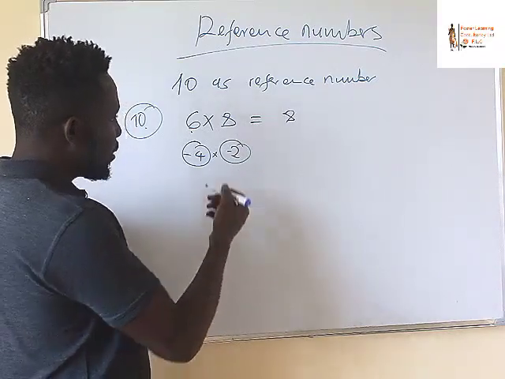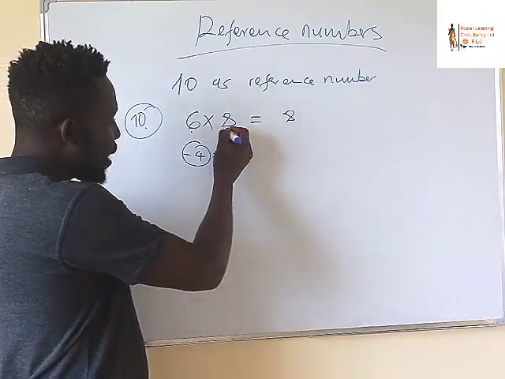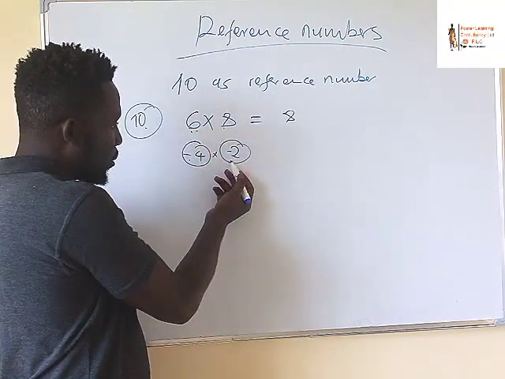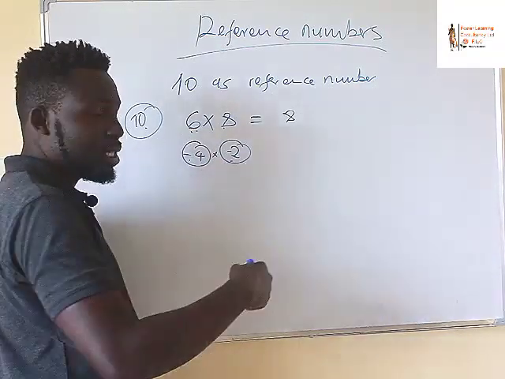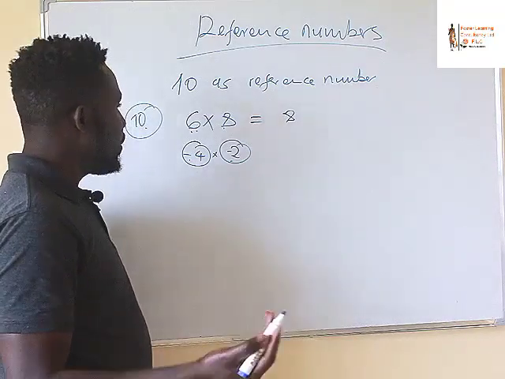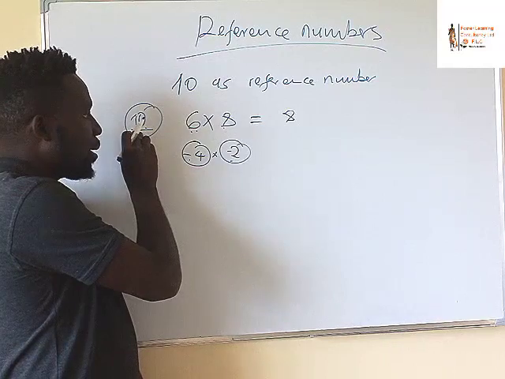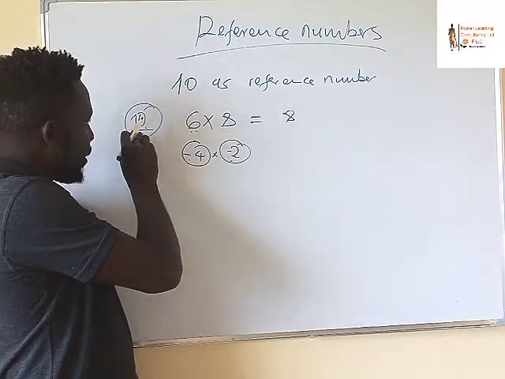The second part of my answer is going to be 8 minus 4 or 6 minus 2. It's the same, so it's going to give us 4. But because we have 10 as our reference number, we're going to multiply that 4 by 10.